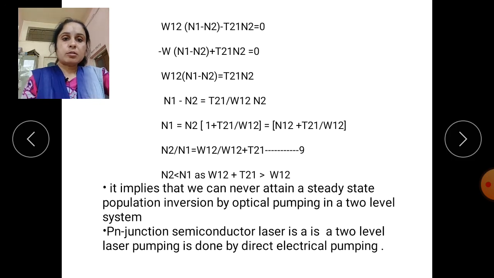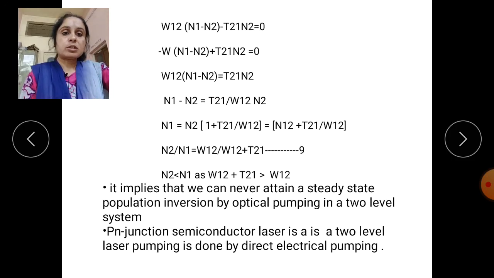In this process, the population in the excited state is less than in the ground state, that is N2 is less than N1. It can be written in the form W12 plus T21 greater than W12.